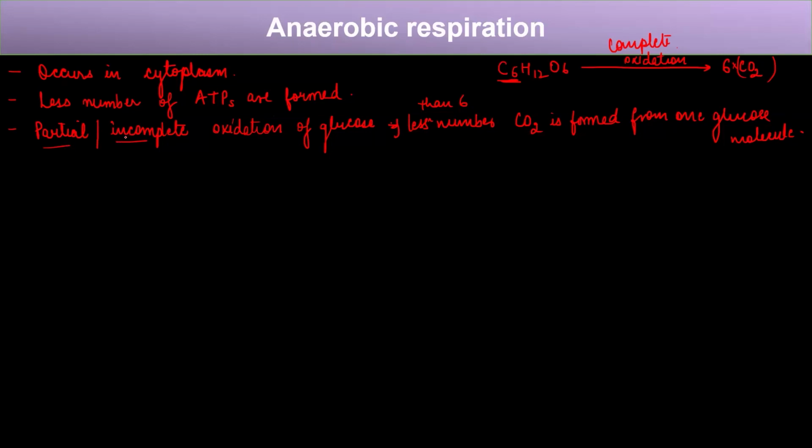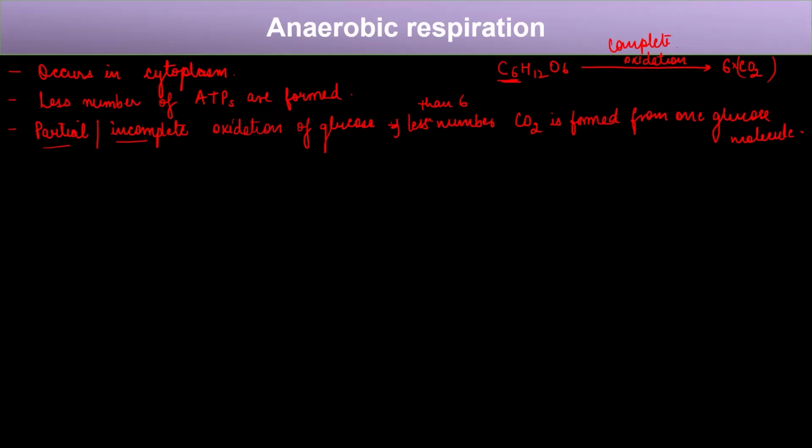Incomplete means that in the final reaction, ultimately fewer carbon dioxide molecules are formed. But partial means that in a particular pathway, although little or no carbon dioxide is formed, the product formed at the end will ultimately go into another cycle and lead to the formation of carbon dioxide.